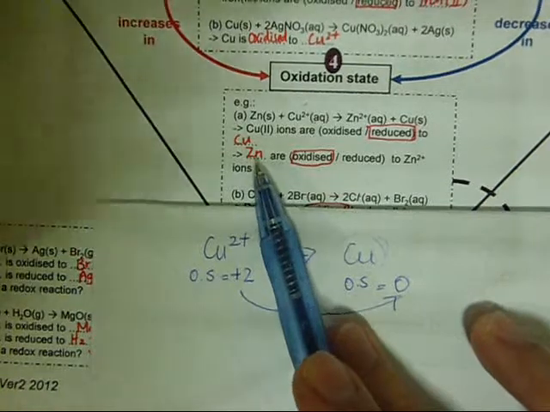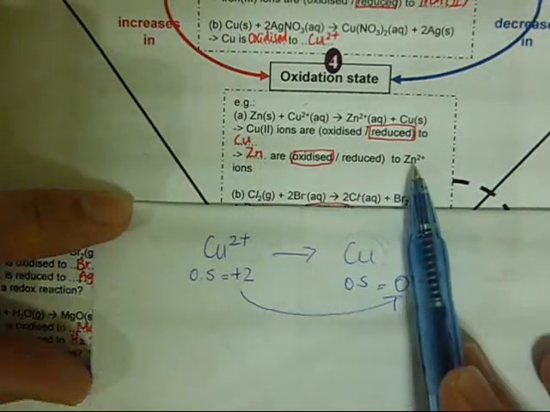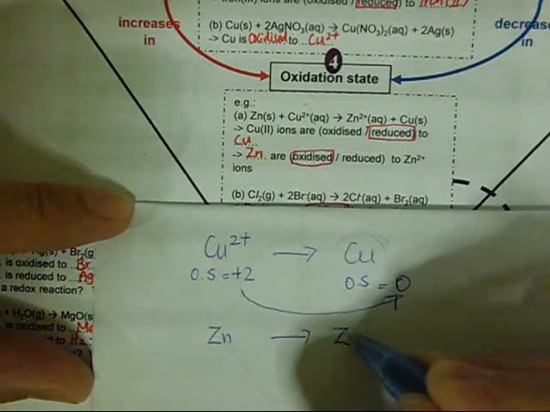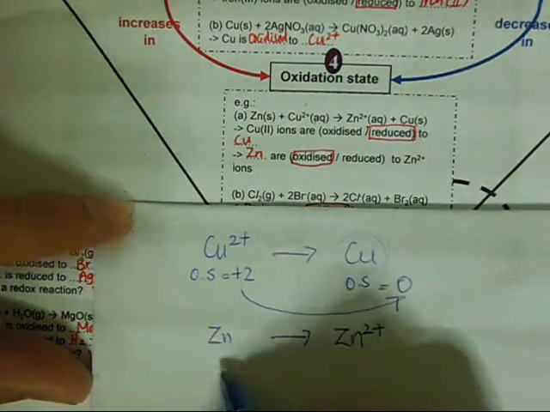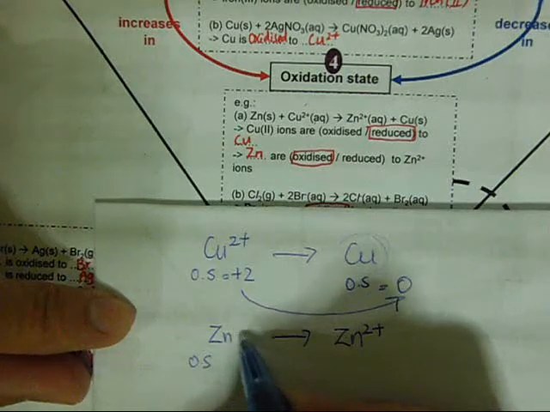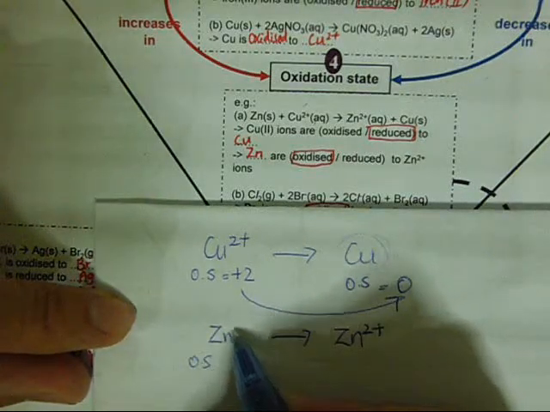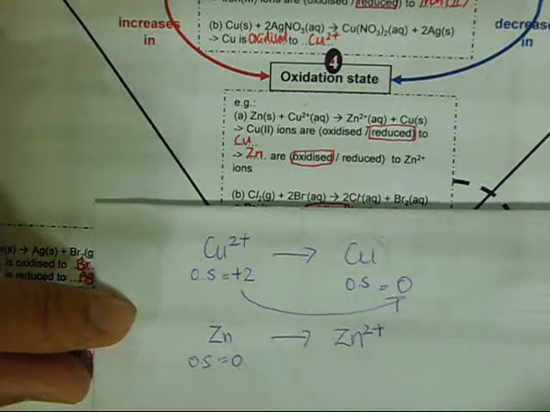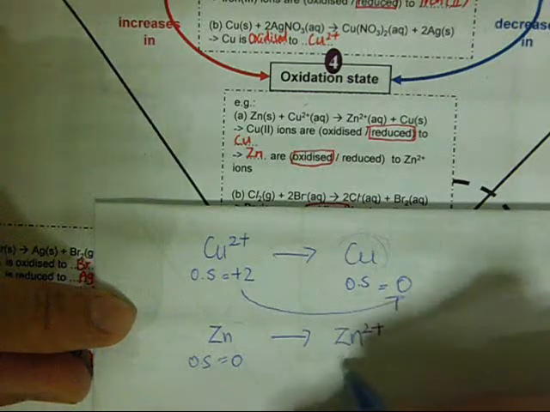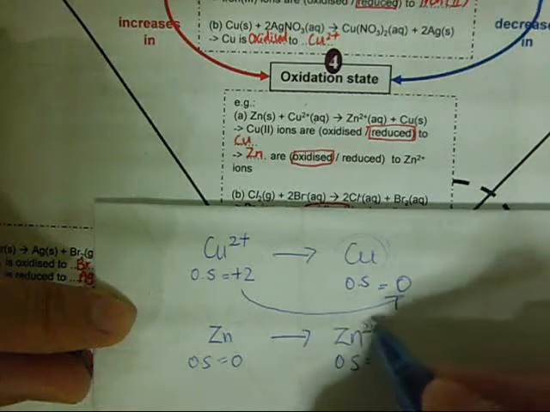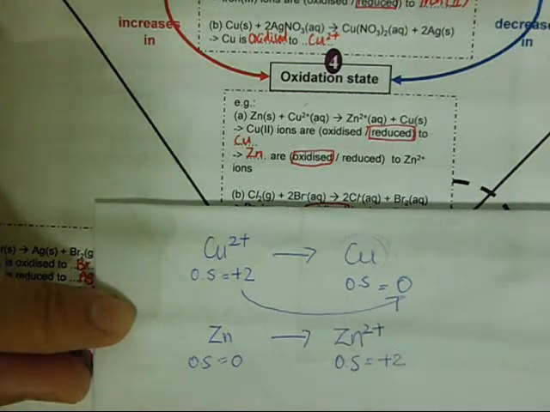Now let's look at zinc. Zinc would be oxidized to zinc 2 plus, because zinc to zinc 2 plus, what is the oxidation state for zinc? It's the same with the charge of the substance. There is no charge here, so oxidation state is 0. How about Zn2 plus? Oxidation state is the same with the charge of this substance, and the charge is 2 plus, therefore oxidation state is +2.